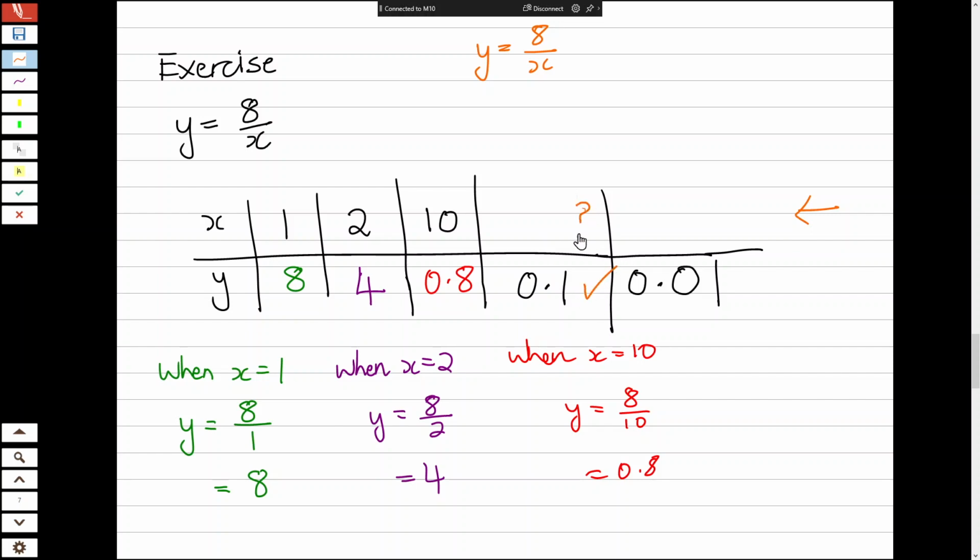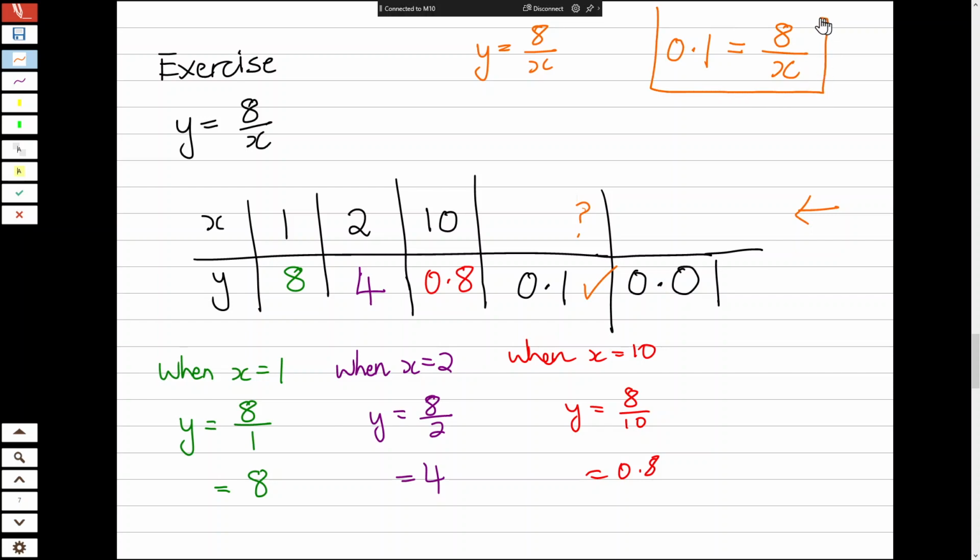I don't know the value of x. So to figure out x, I need to substitute the value of y I've been given and then solve the resulting equation for x. So I know y equals 0.1, so I'll replace y with 0.1. And that leaves me with 8 divided by x.